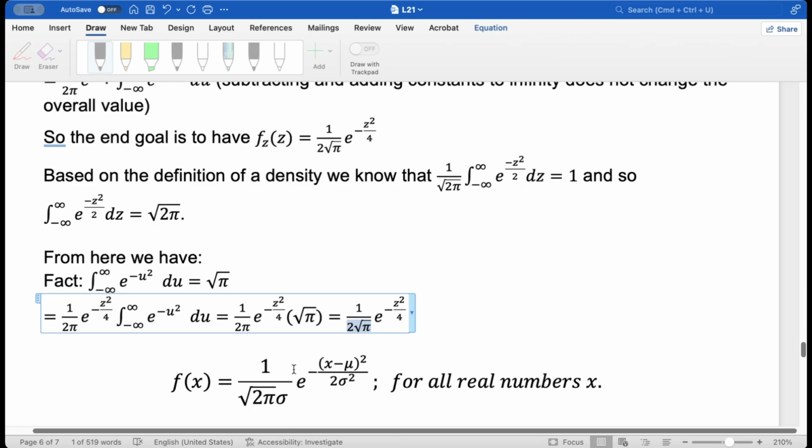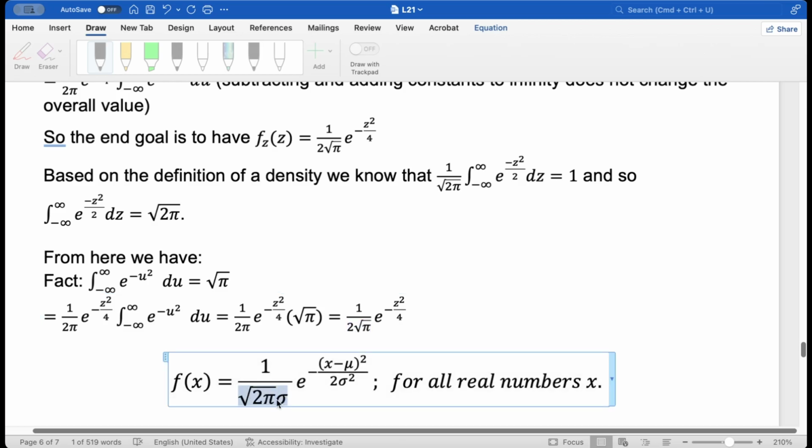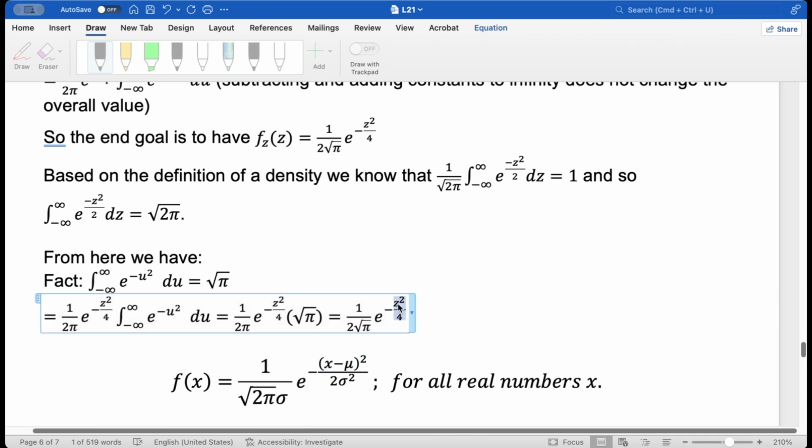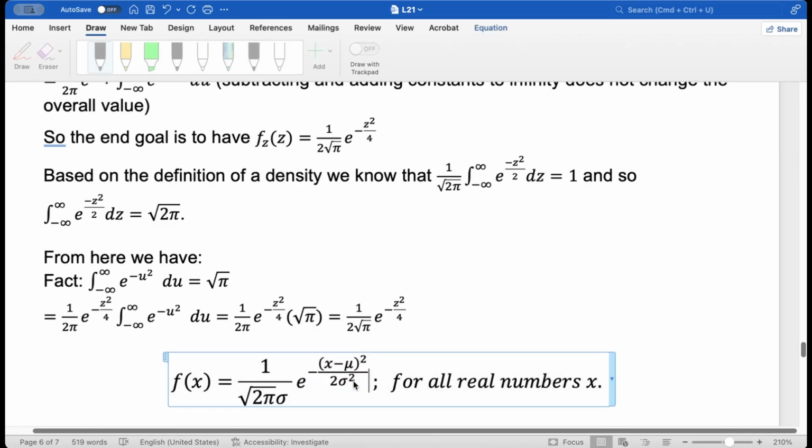If we look at this denominator, the sigma expression needed to be a root 2 to get root 2 times root 2 is 2. So the standard deviation is going to be root 2. Now the mean is still 0. There's no shift in the numerator. We can also solve for sigma in the fraction in the exponent of e. We have 2 sigma squared is 4, so sigma squared is 2, and sigma will be radical 2.